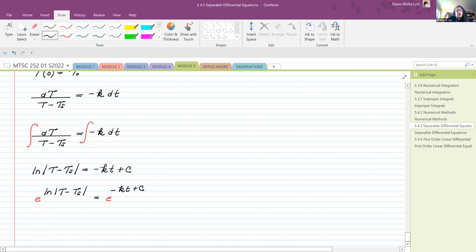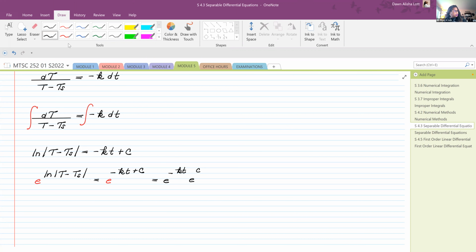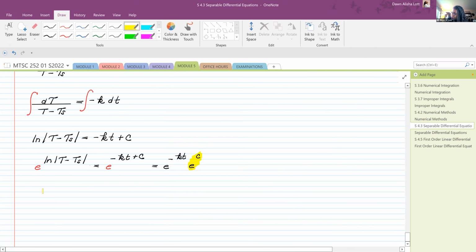And if you remember from last time, whenever we have this, we write this as e to the negative kt times e to the constant, which we make equal to yet another constant. So this thing we're going to make equal to a constant. So therefore I get the natural log of T minus Ts is equal to A e to the negative kt.